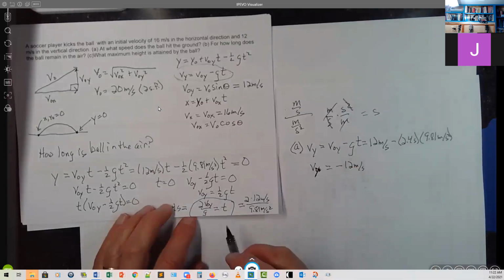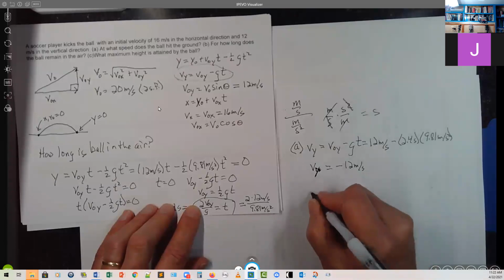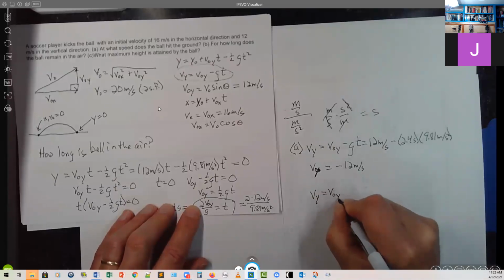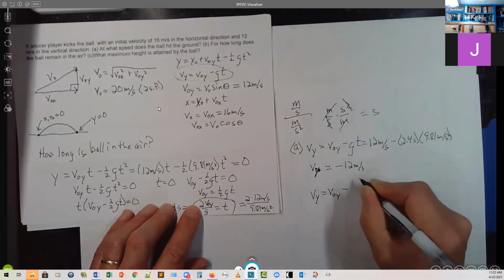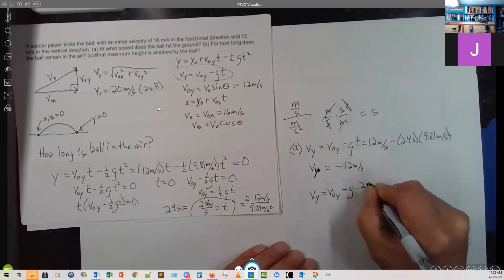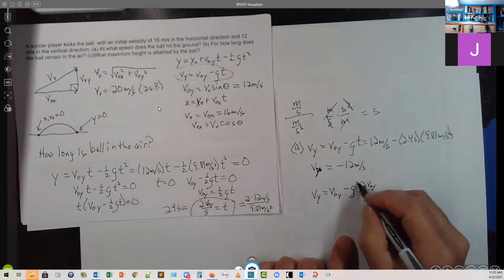Let me show you something. We figured out that the time of flight of that thing was 2 v naught y over g. And v sub y is equal to v naught y minus g times 2 v naught y divided by g. That was the time of flight.